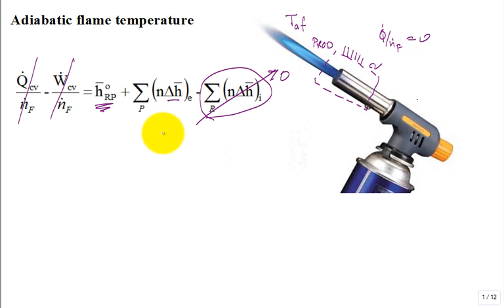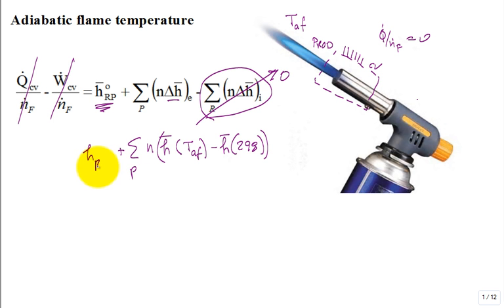It's the sum of N, the stoichiometric coefficient, times the molar enthalpy evaluated at the adiabatic flame temperature minus the molar enthalpy evaluated at our standard condition. That's our delta H. So we sum over the products. So there's our energy balance equation used to calculate the adiabatic flame temperature.